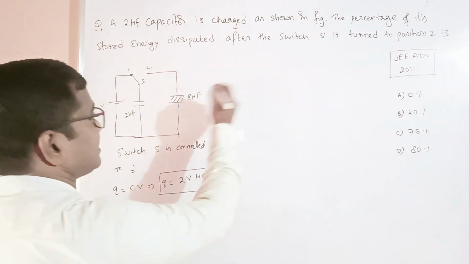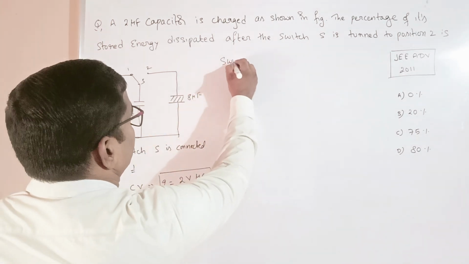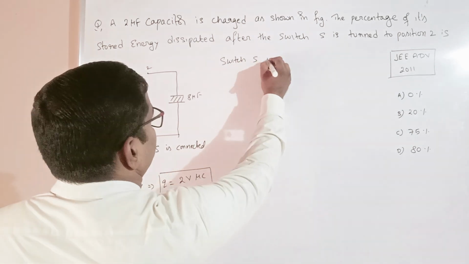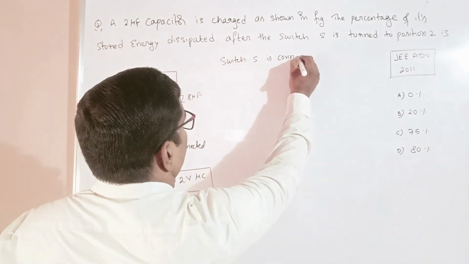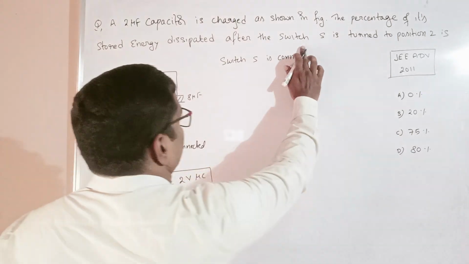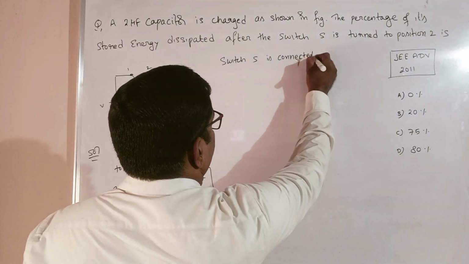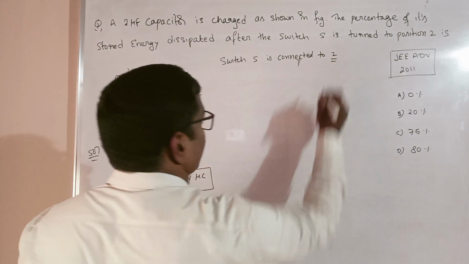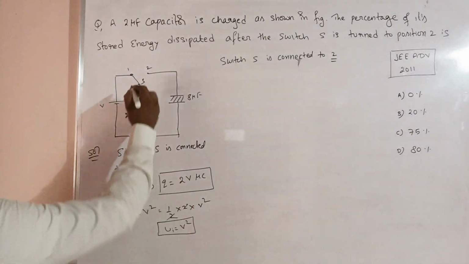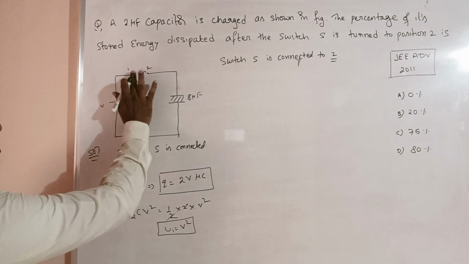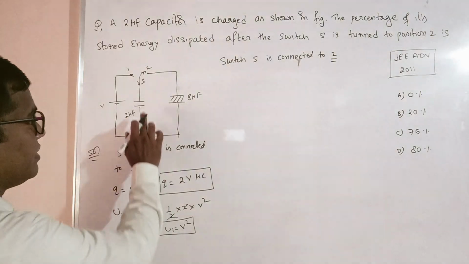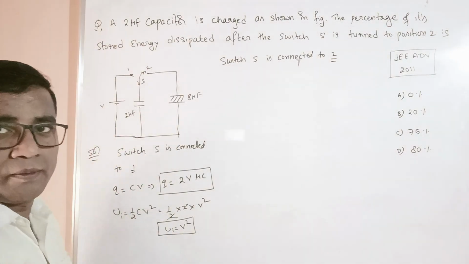Now we will see the second case. Switch S is connected to the second terminal. When the switch is connected to the second terminal, just try to understand that these two capacitors are connected in parallel.